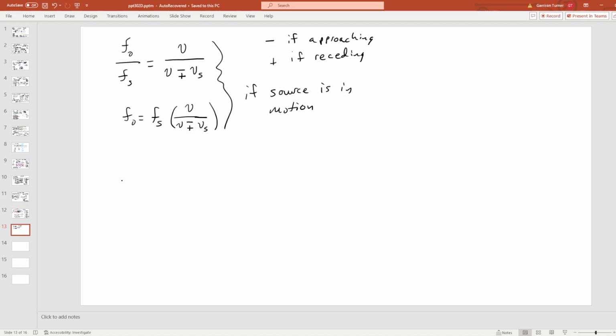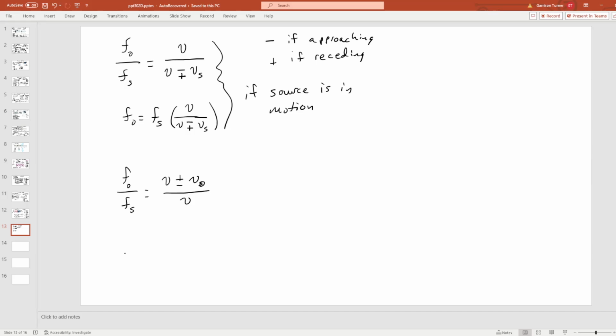If our observer is in motion, then the ratio of the observed frequency to the source frequency has to be equal to the velocity in air plus or minus the velocity of the observer divided by the velocity in air.